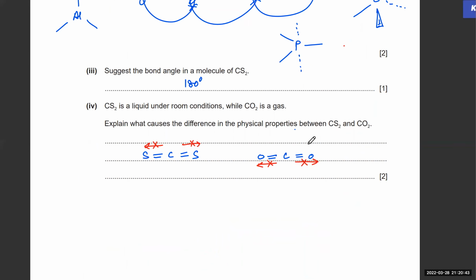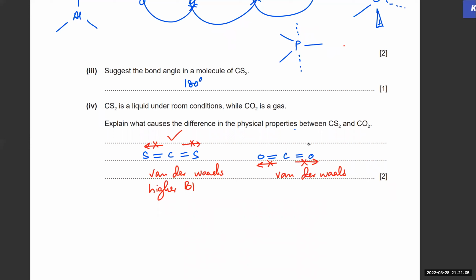So the only force of attraction that they have is going to be van der Waals. They won't have a dipole. No hydrogen bonding as well. So only van der Waals forces. So why is this a liquid? It has a higher boiling point. Why does it have a higher boiling point?